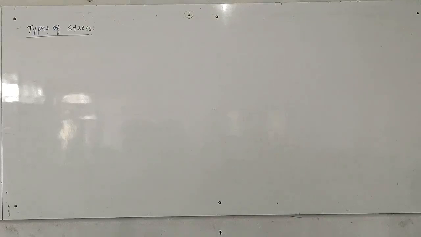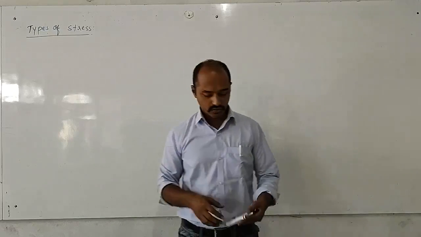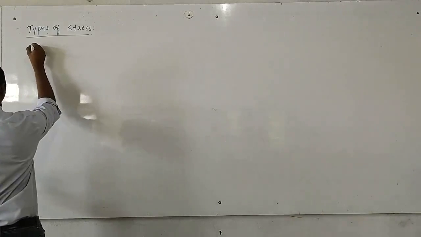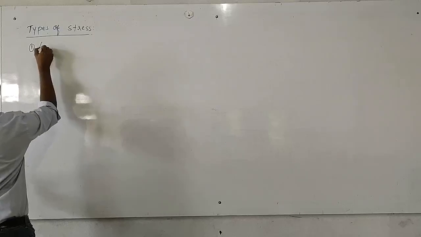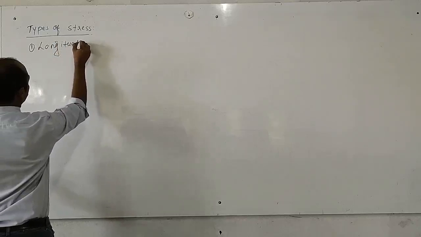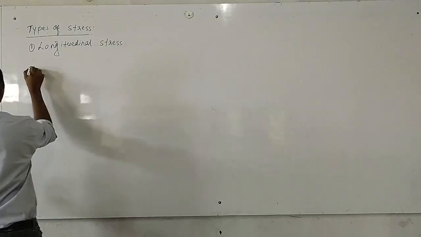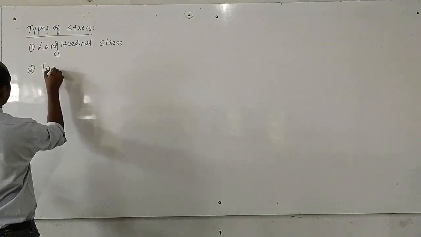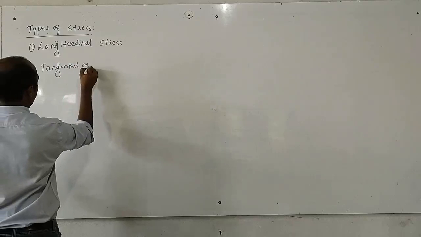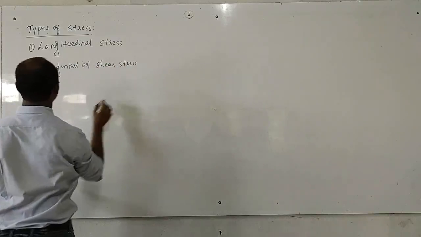Okay, let's move to the next one. Types of stress. What are the types of stress? So there are mainly 3 types of stress. One is longitudinal stress. And the second one is tangential or shear stress.